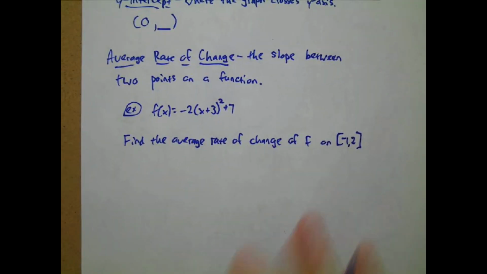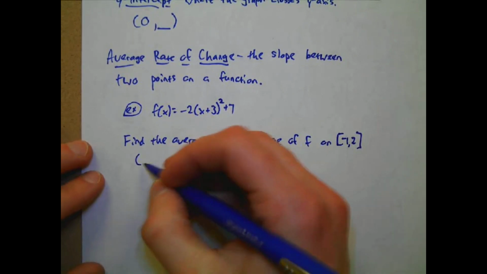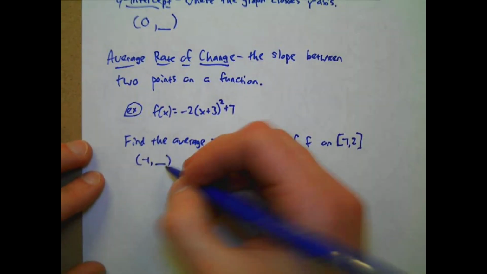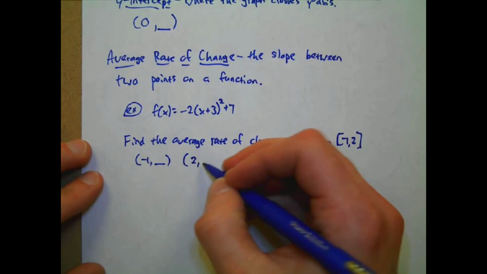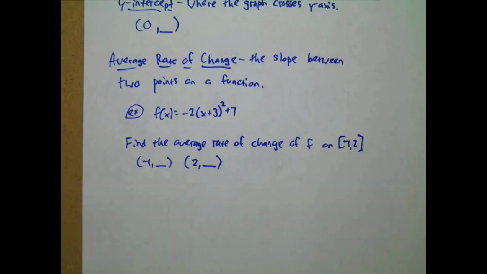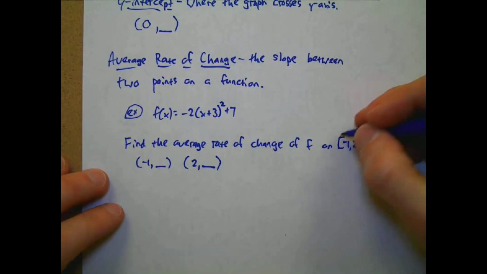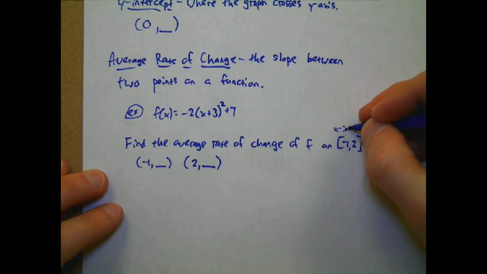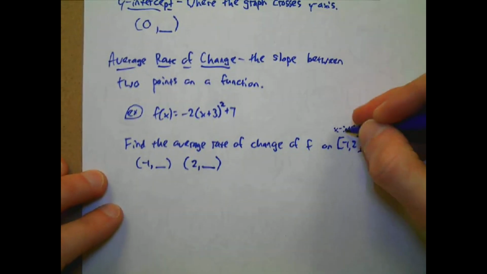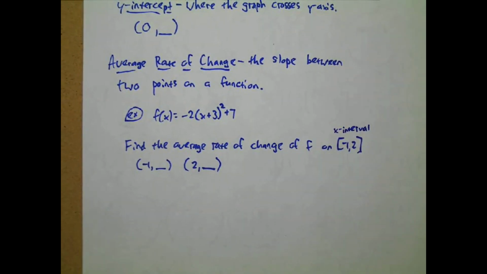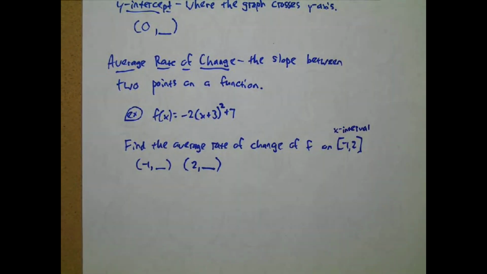Let's say we want to do that, right? Well, we need our coordinates. We would need to know what is the y coordinate with -1, what is the y coordinate with 2. Because this is the interval, this is an x interval here. How can we find their matching y coordinates? If we know what the x coordinate is, how can we find the matching y?